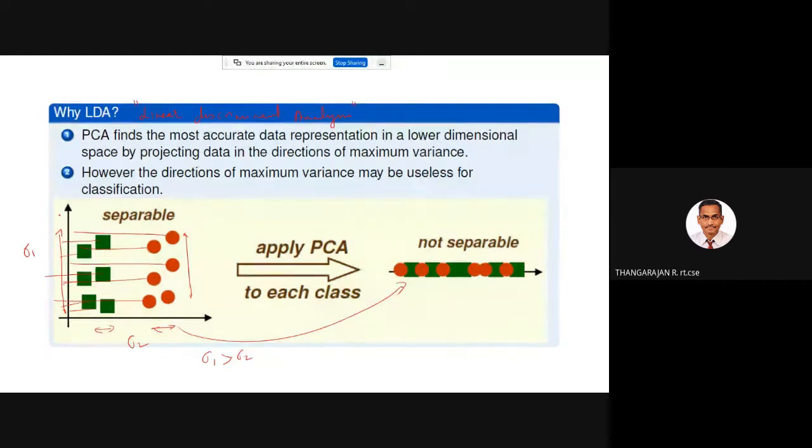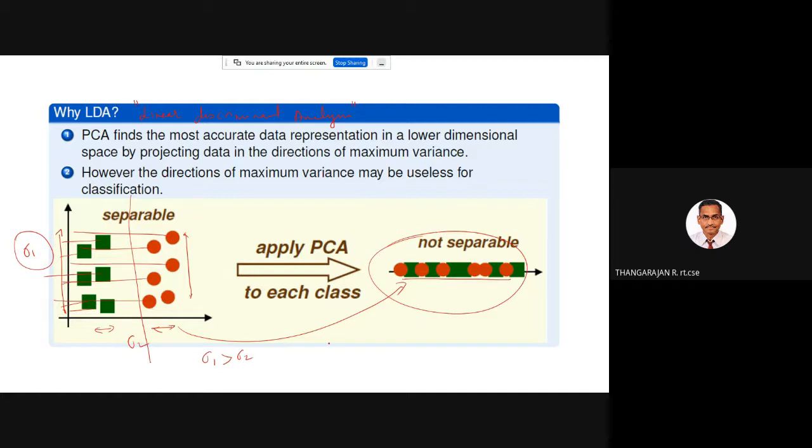When you project along the axis having major variation, you find that it becomes like this. And as a result, in 2 dimensions this data set was clearly linearly separable, but it loses the linear separability.